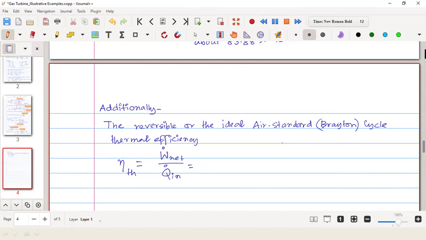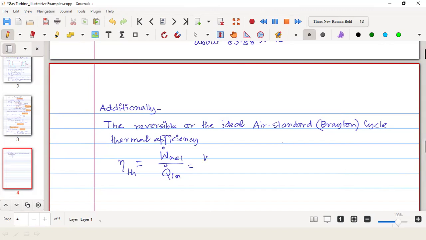Now, W dot net, here we will not write in terms of Q dot in minus Q dot out, because for the heat rejection, there is no information related to Cp or gamma given. So we will better stick to the compressor work and turbine work in relation to the calculation of W dot net. So it will remain as turbine work and compressor work.